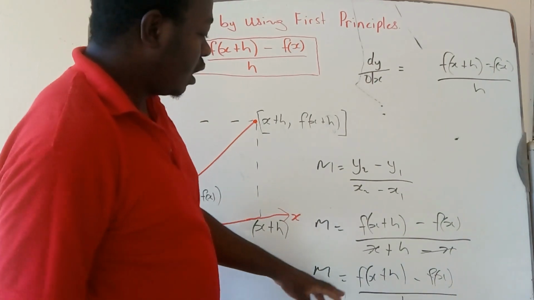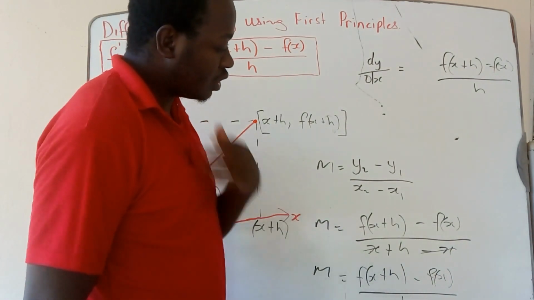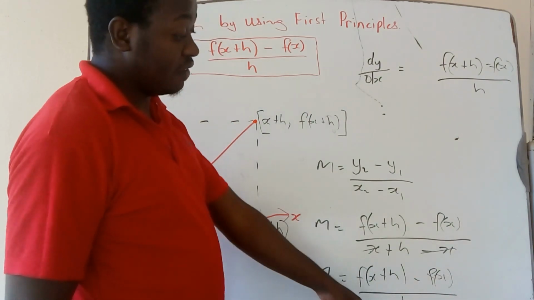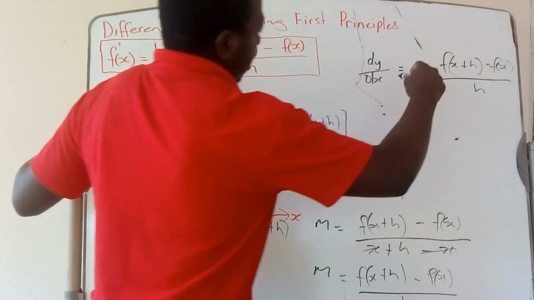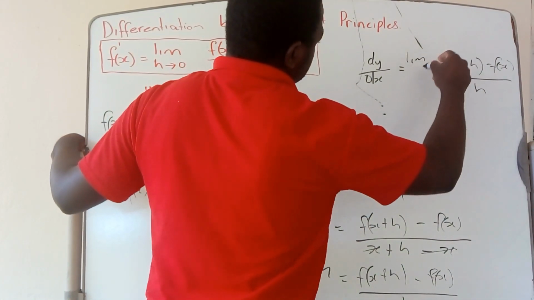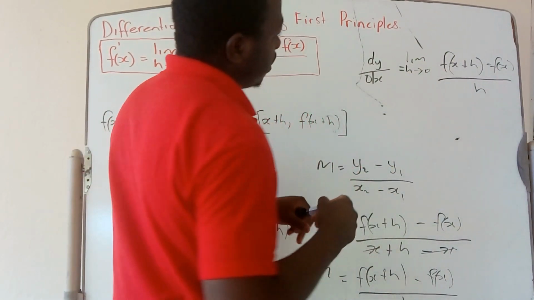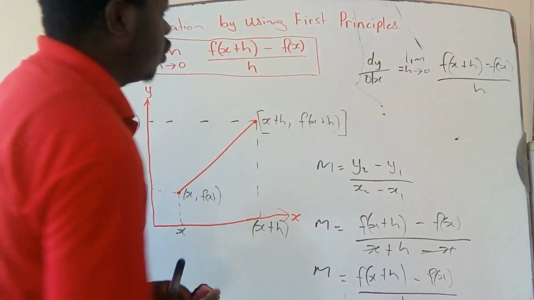But here there must be a limit for h, right? Because let's say h is 0, you can't divide by 0, right? So you could see how the limit as h approaches 0, because h cannot be 0, but as it approaches 0, right?